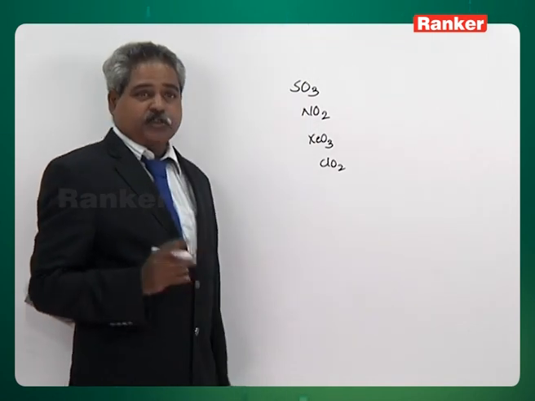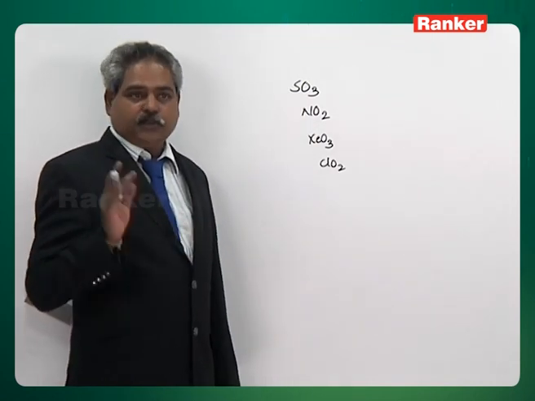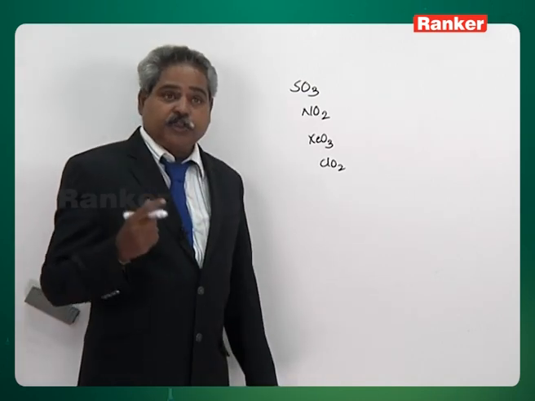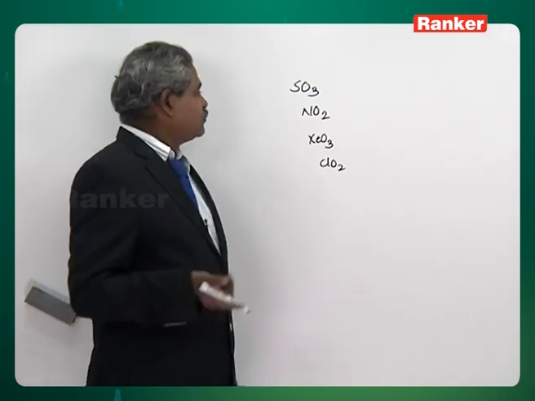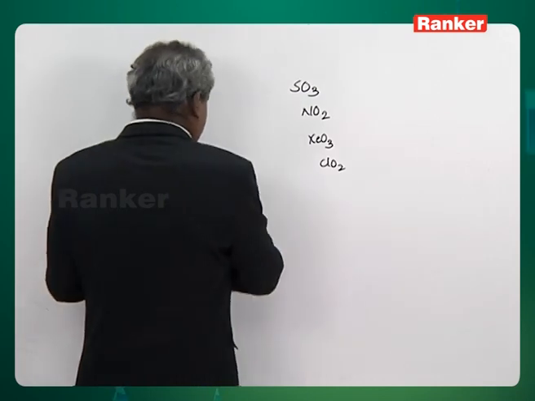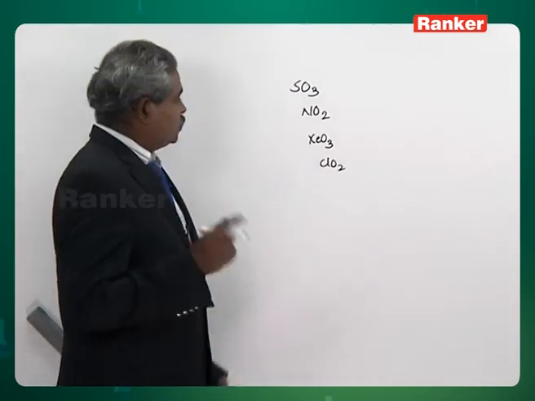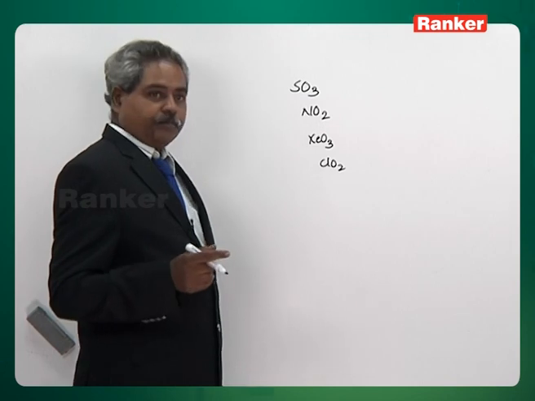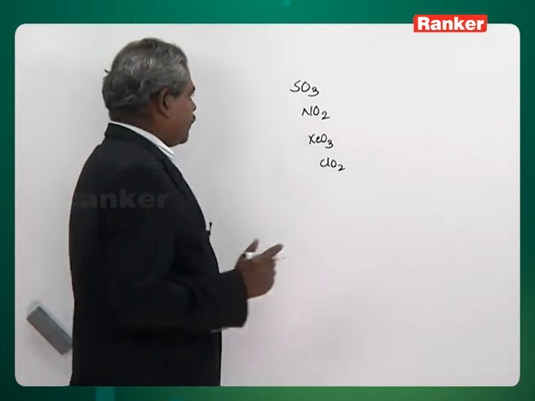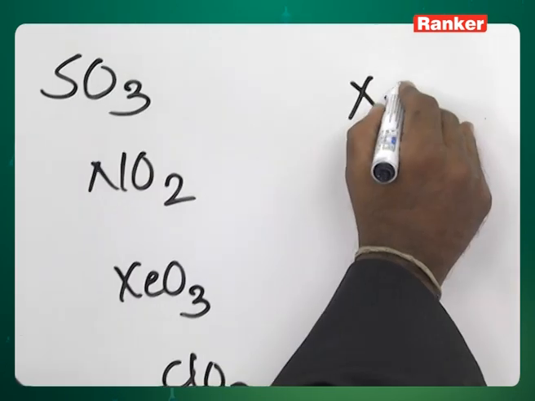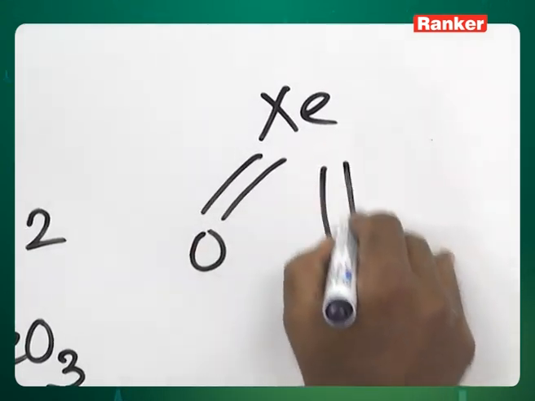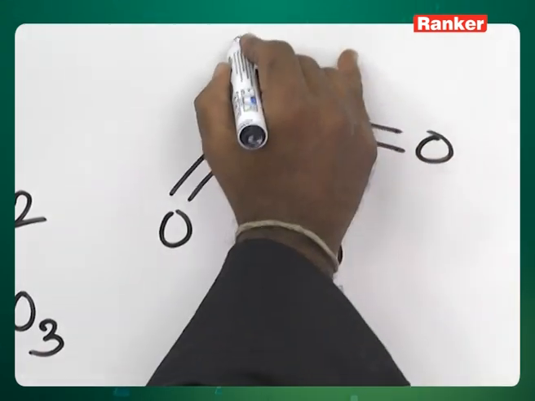Oxides, hydrates, oxyacids, halides, you have learned. And what is the question that is specific to? And there is one more question on molecules. Suppose SO3 or XeO3. Apart from structure, what will be asked is the shape and hybridization.